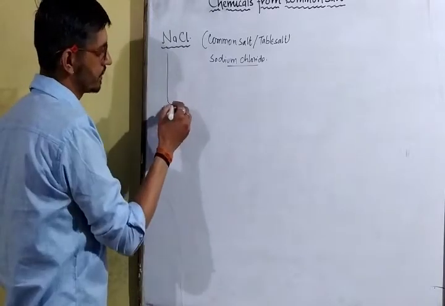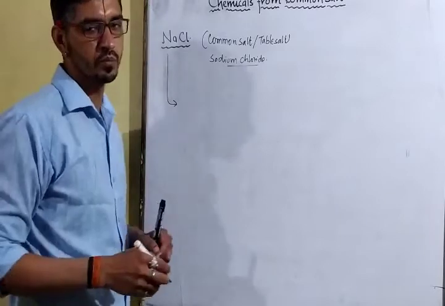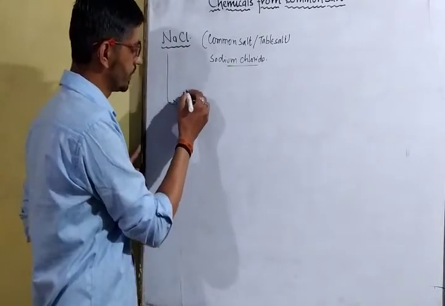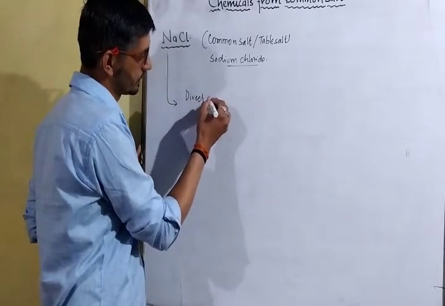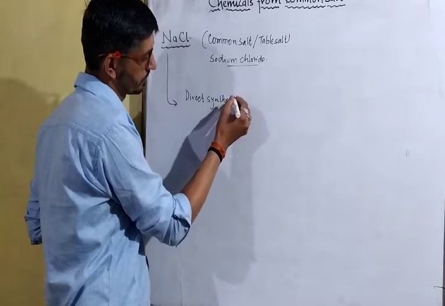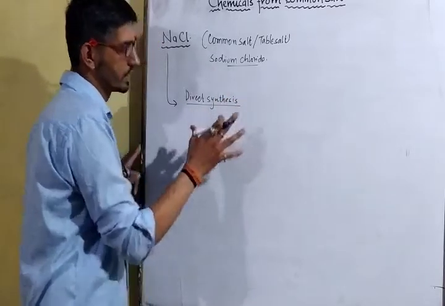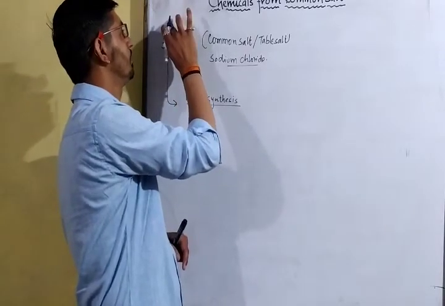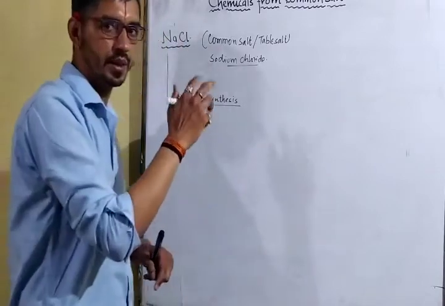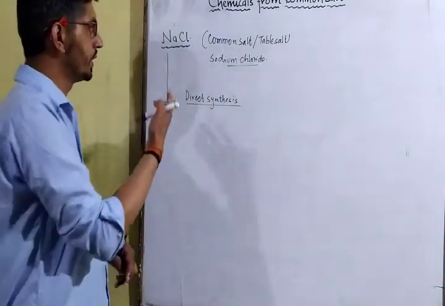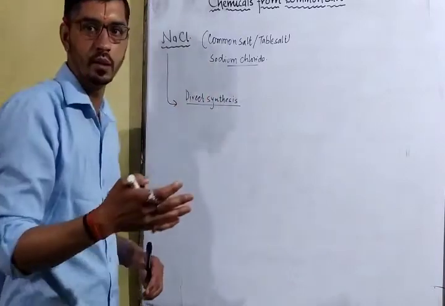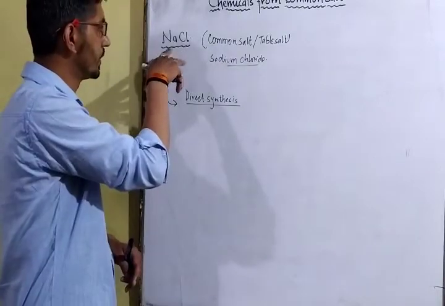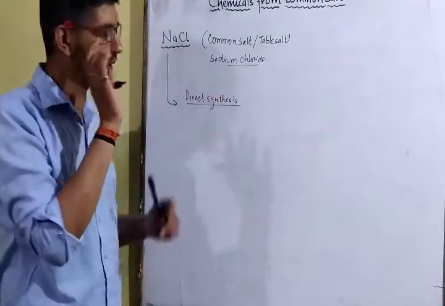It is produced by a method known as direct synthesis. As we know, it is an ionic compound having Na plus and Cl minus. Though it is a salt, it has to be produced from an acid and a base. It does not have any H ion or any OH ion, so it is a neutral salt.